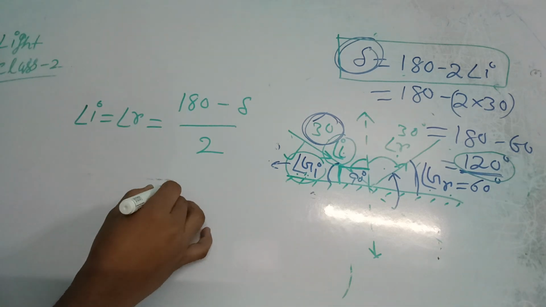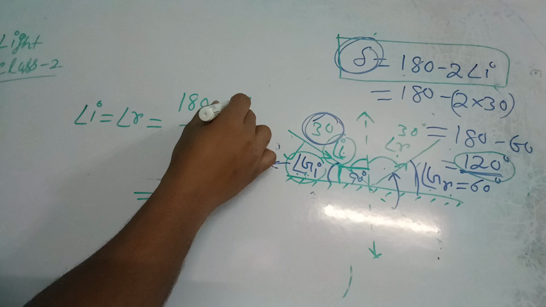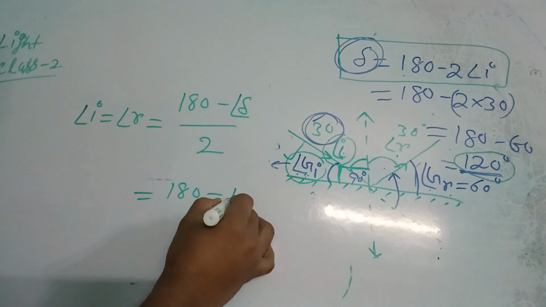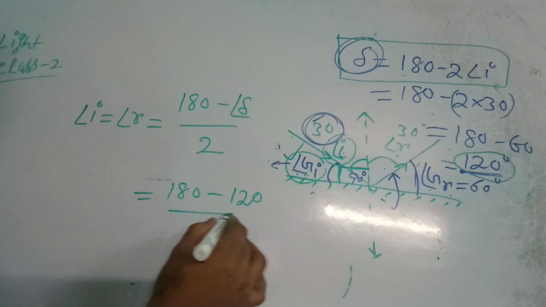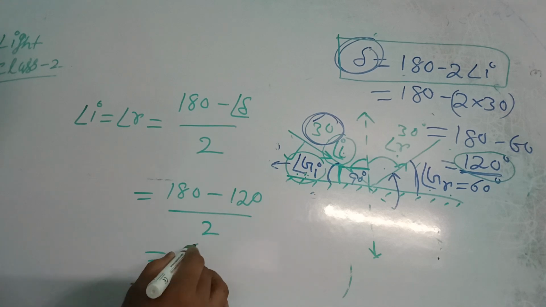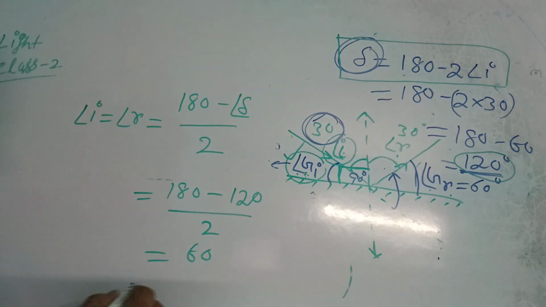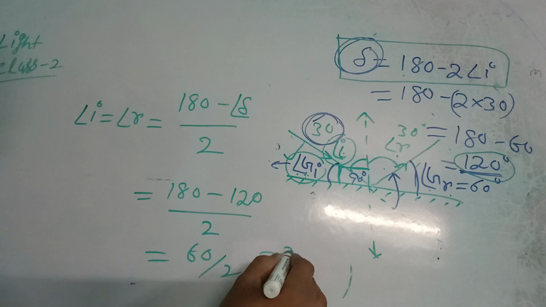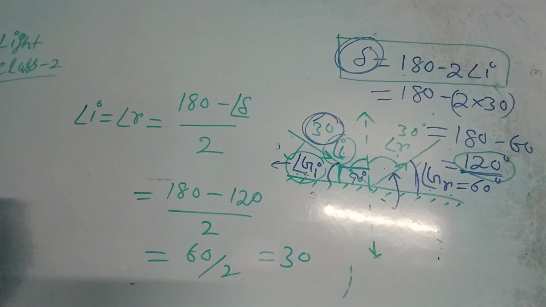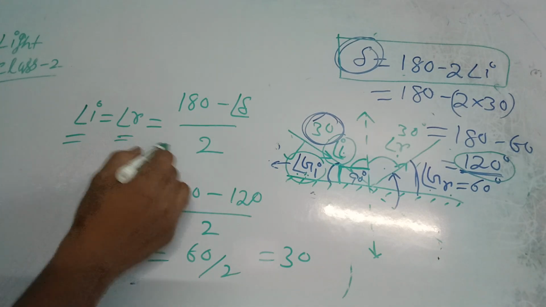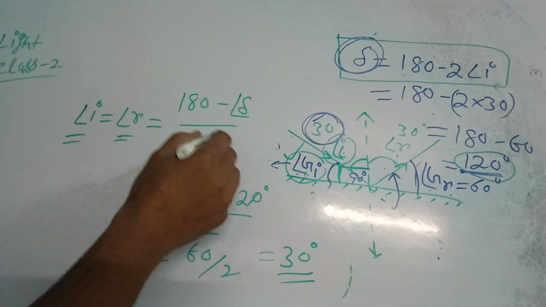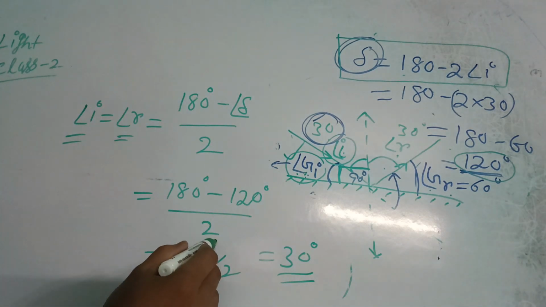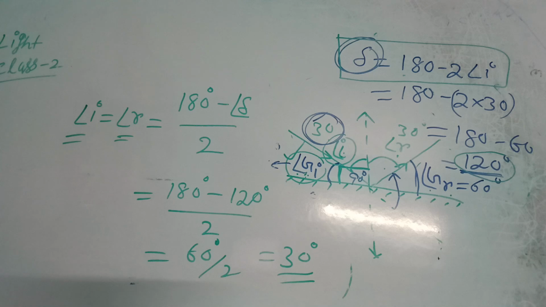Now 180 minus delta, which is 120, gives 60, and 60 divided by 2 is 30. So the value of I and the value of R is also 30 degrees.